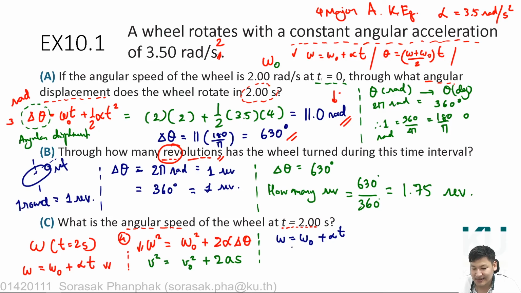In this case, omega 0 is equal to 2 radians per second plus alpha, which is 3.5 radians per second squared, and t is 2 seconds. So finally, I can determine the angular speed at t equal to 2 seconds.